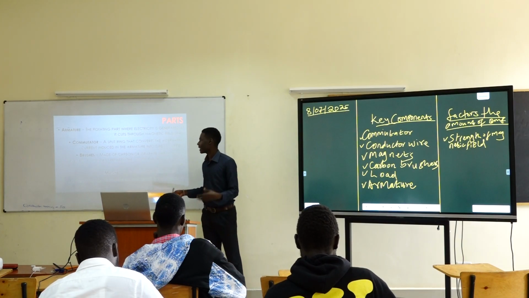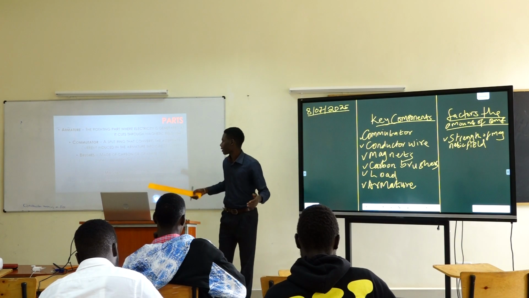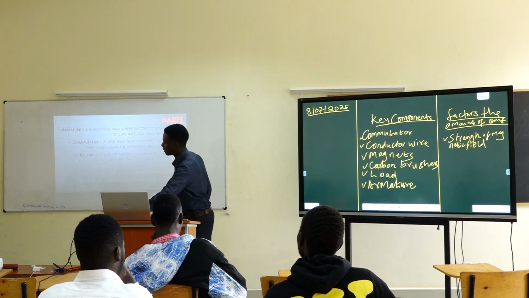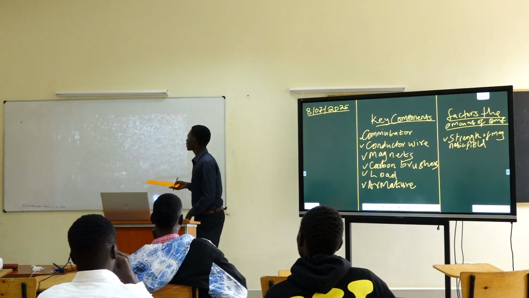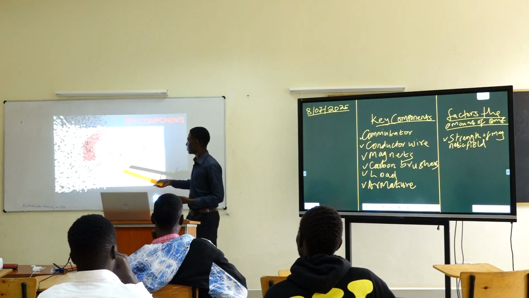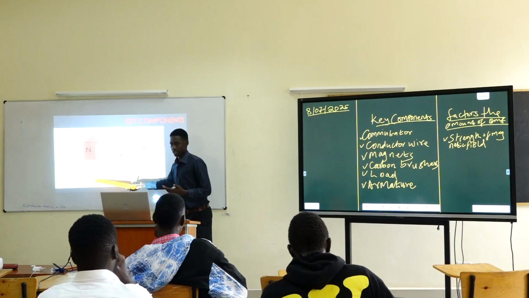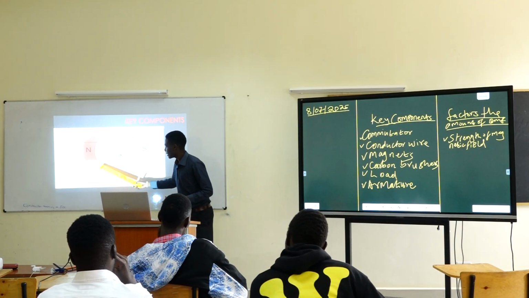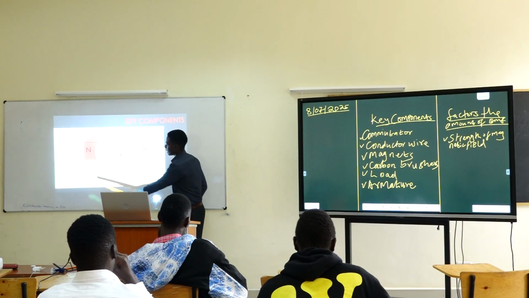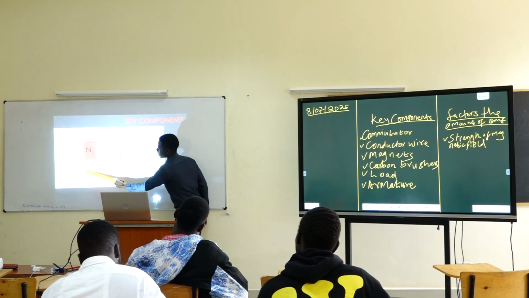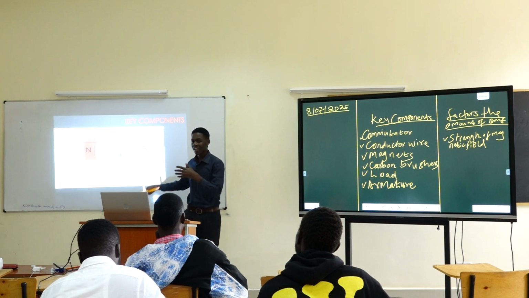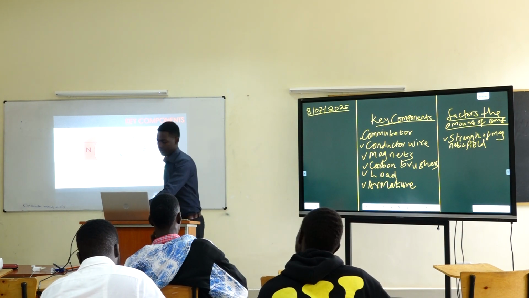They maintain the electrical contact between the commutator and the external circuit. This is the external circuit, you see this line, then we have the commutator. So they maintain contact between the commutator and the external circuit.